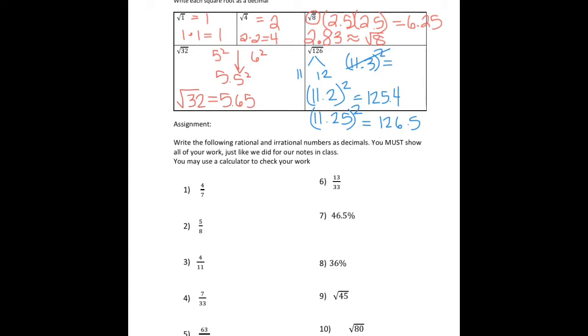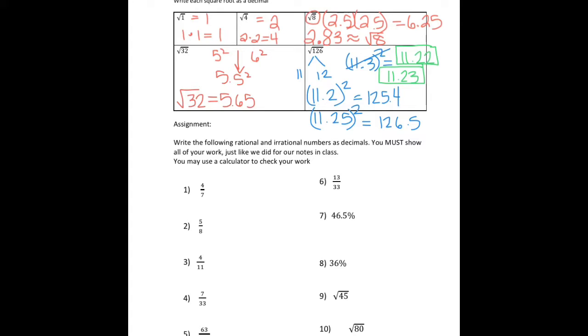So it's probably pretty close to 11.23. Let's try that one. What about 11.22? I would say either one of these are a good approximation. 11.23 or 11.22. Notice that for all of these, I rounded to my decimal places to the nearest hundredth.